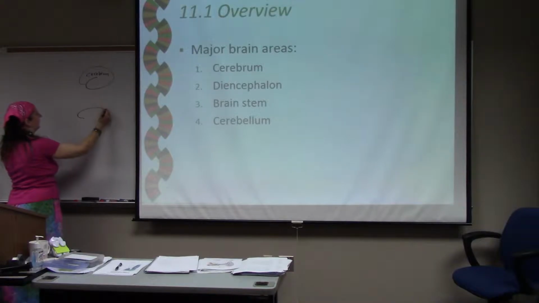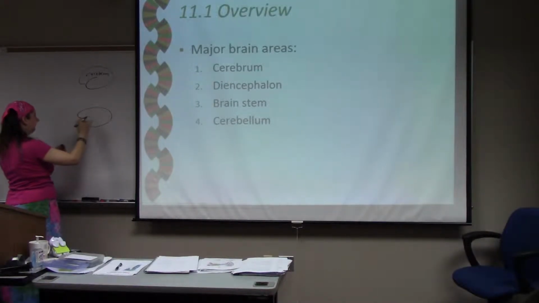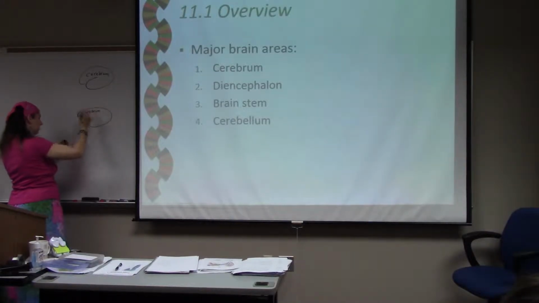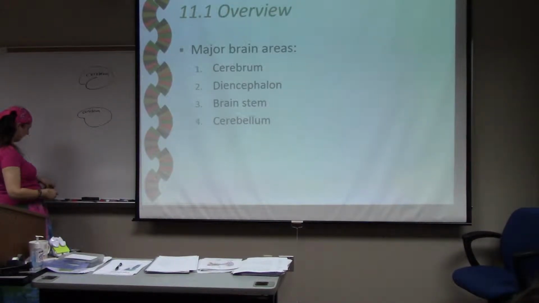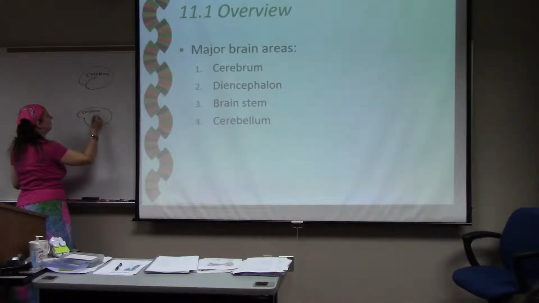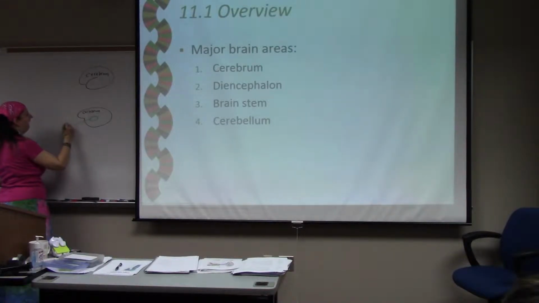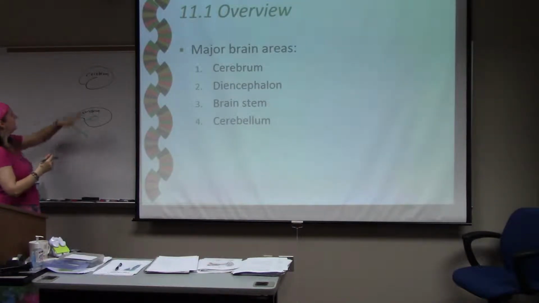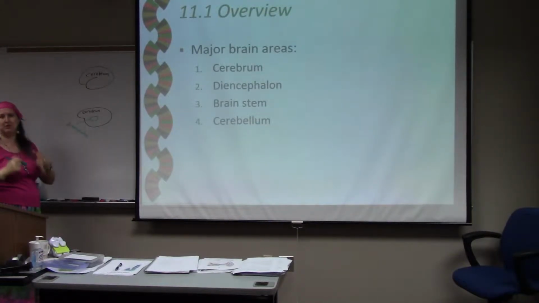We take a sagittal section, you'll be able to identify more. The diencephalon is a set of structures in the middle of the brain. You can't see it from a lateral view because the cerebrum covers it.